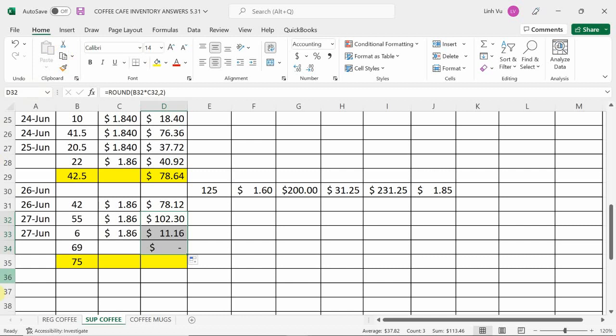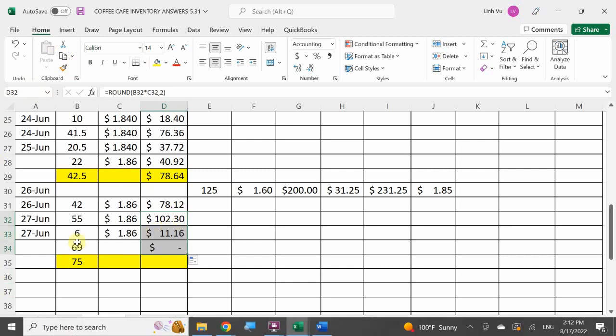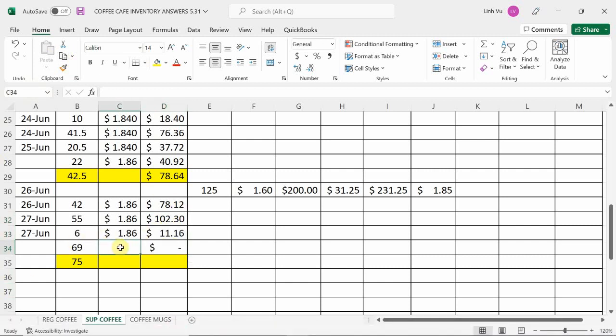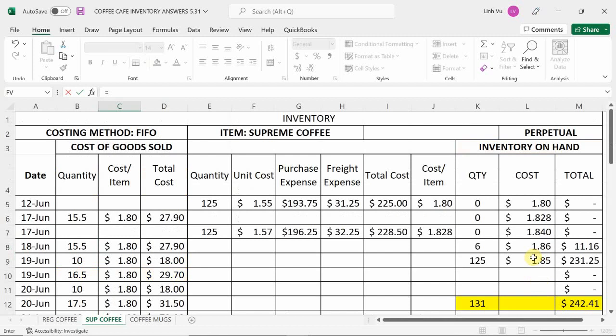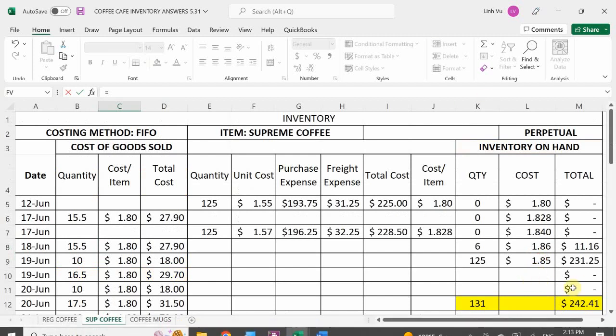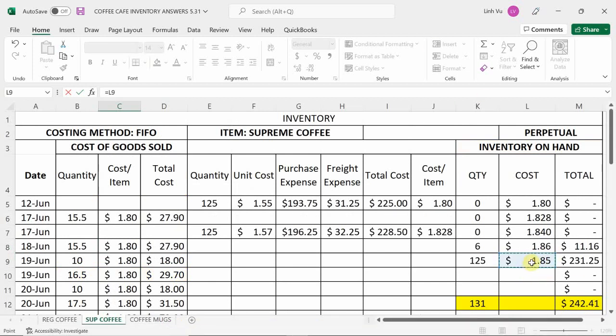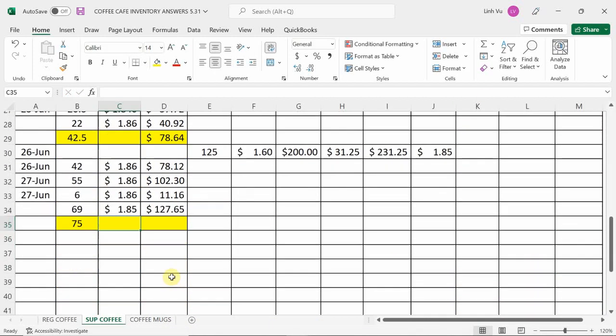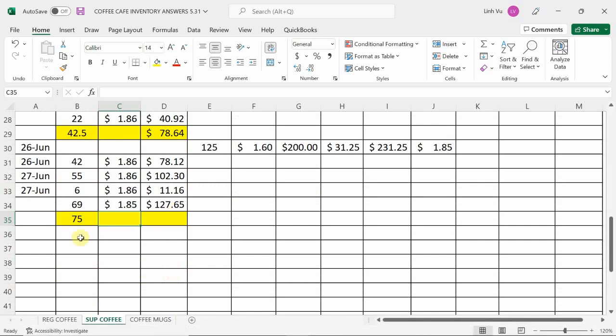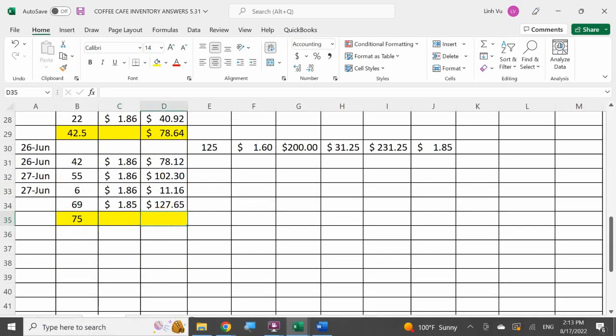And then the second batch is at $1.85. So that's all. So 127.65 total, $138.81.